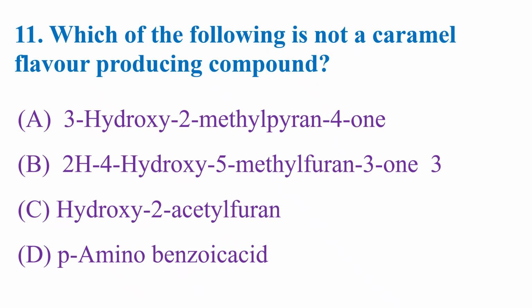So these compounds, they give the sweet caramel or, say, burnt sugar like aromas. So over here option number A, that is 3-hydroxy 2-methyl-pyran 4-one, so it is a pyran compound. It is known for strong caramel aroma, common in heated sugar systems. So option number A is correct.